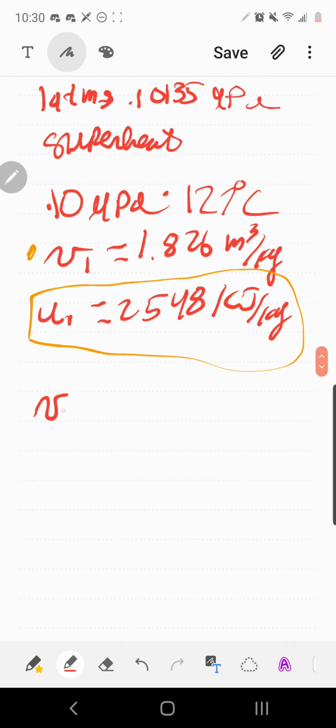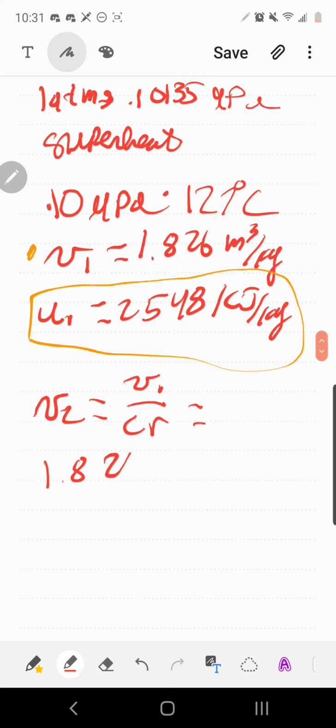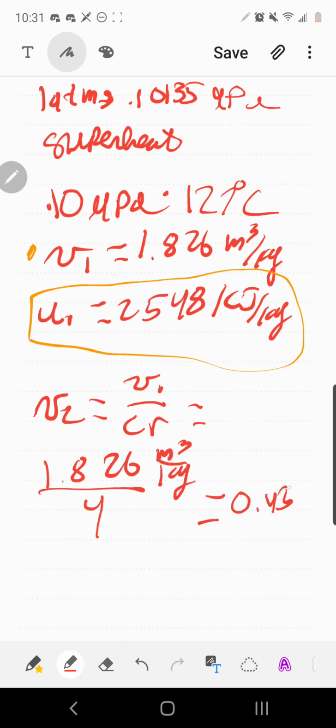We can calculate our specific volume for state two by using V1 divided by our compression ratio. So 1.826 over 4, which is going to be 0.456 meters cubed per kilogram.